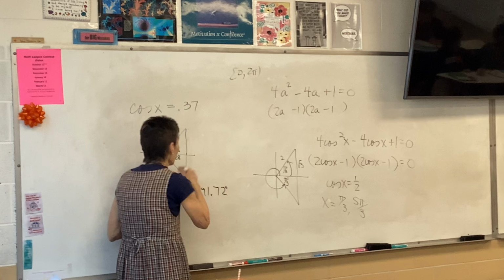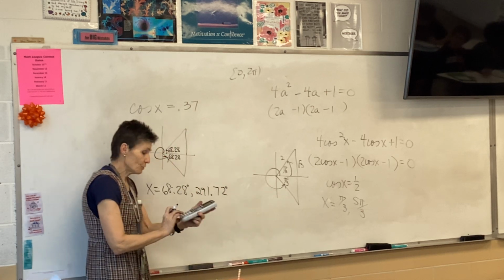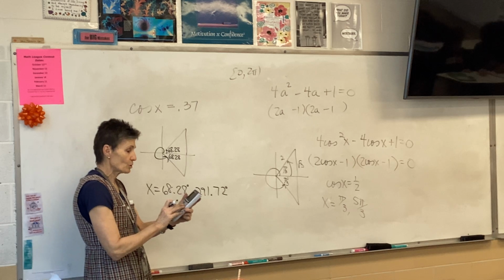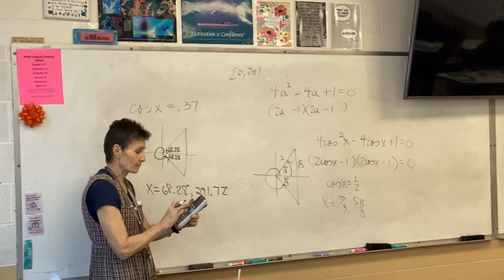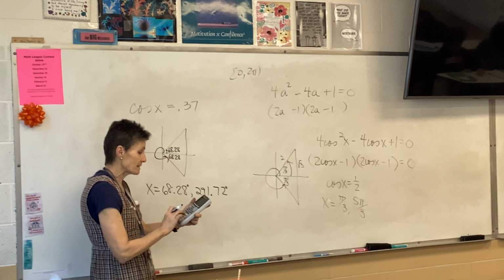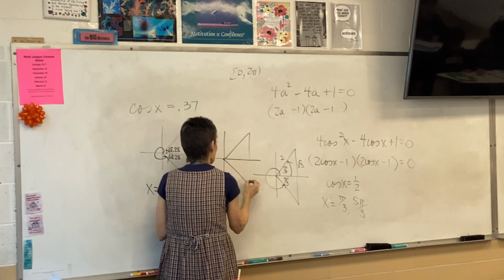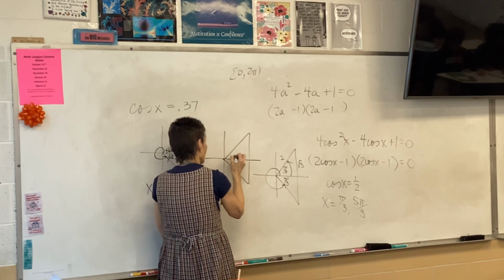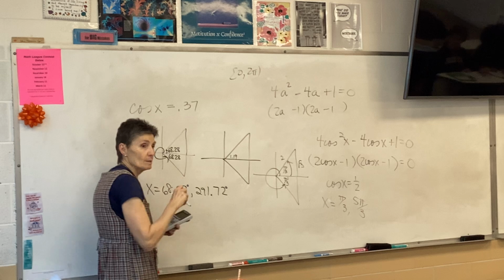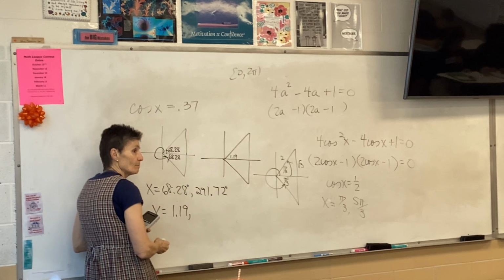All right, now we're gonna do the same problem in radians. So all you need to do is go to mode, change into radians, and then second cosine, 0.37. And it's gonna give you that angle, which is 1.19. So in radians, we're 1.19.